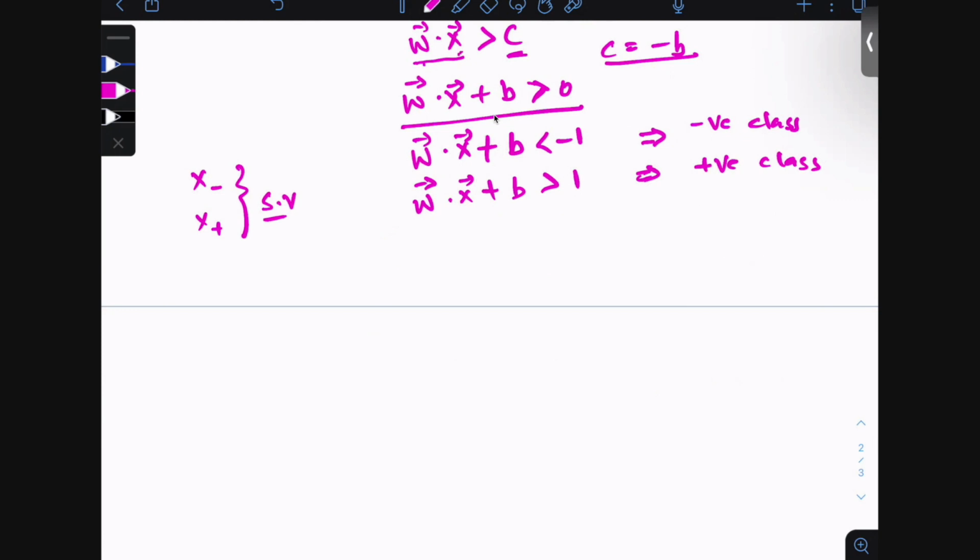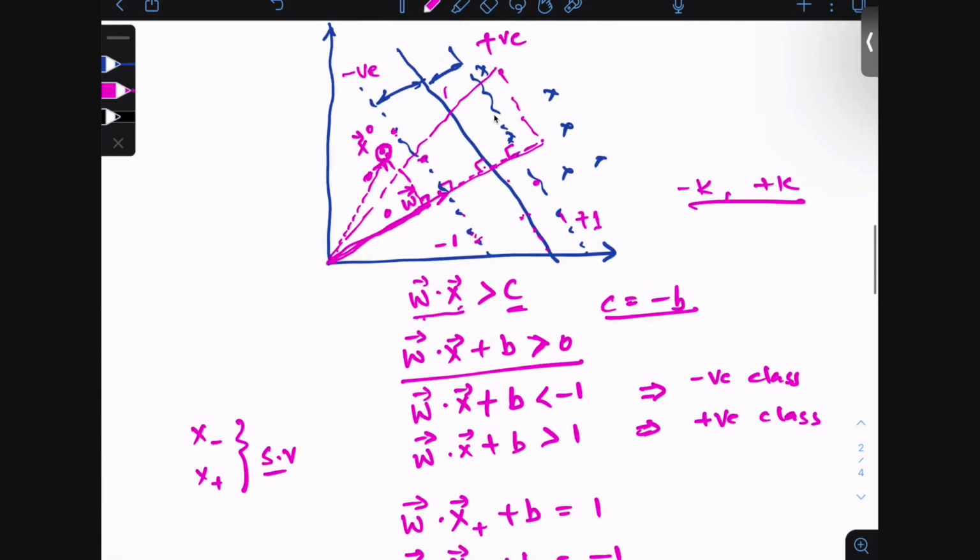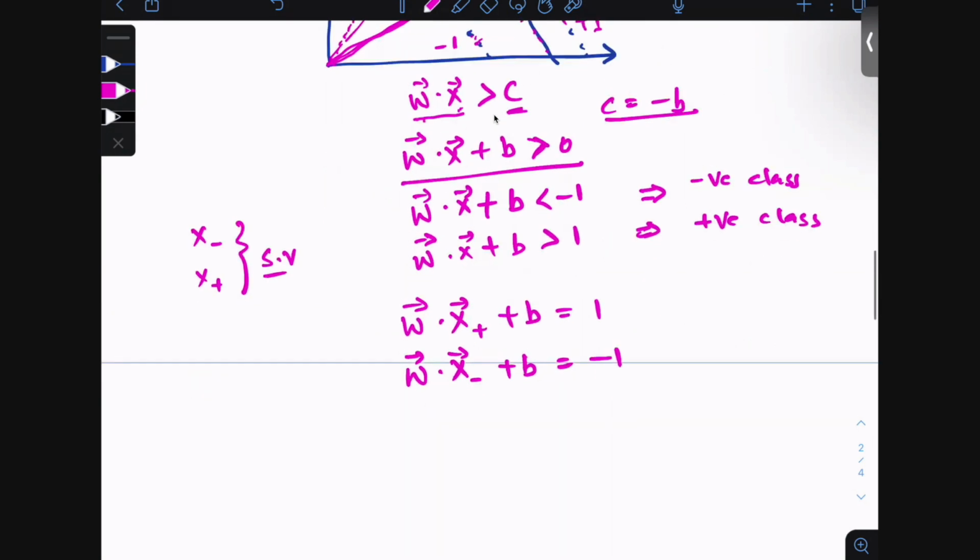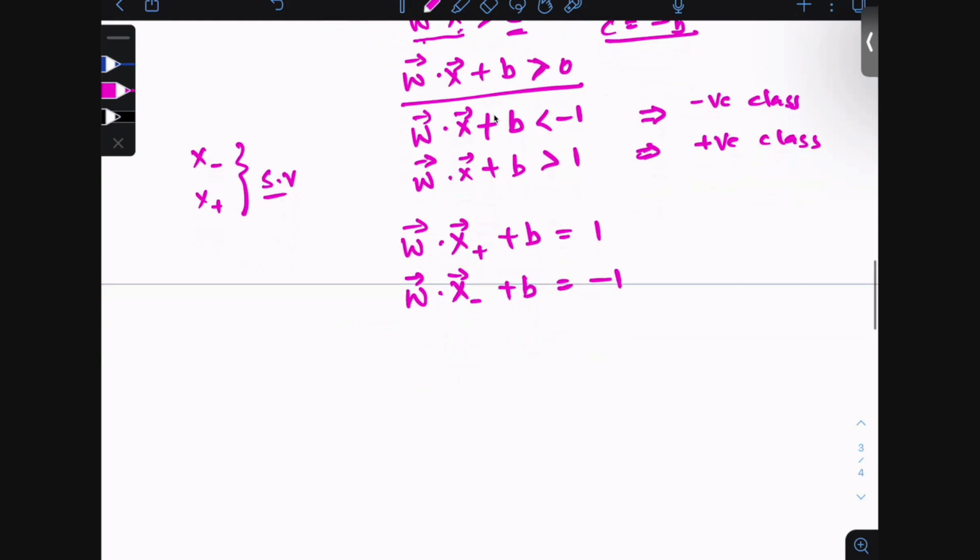On that point, on the margin itself, I can write W dot x positive support vector plus B is equal to 1, and W dot negative support vector plus B will be equal to -1, correct? Because I was assuming that anything less than -1 is on the negative class, and greater than 1 on the positive class. But what about the support vector? This inequality will change to equality, correct?